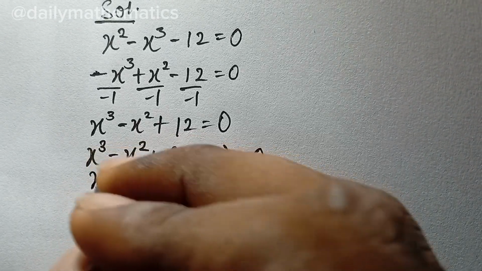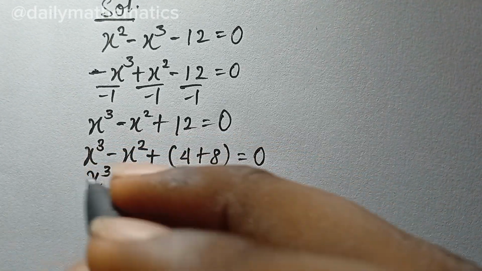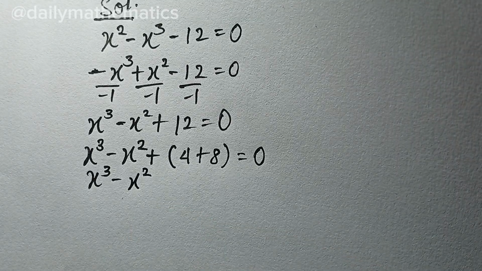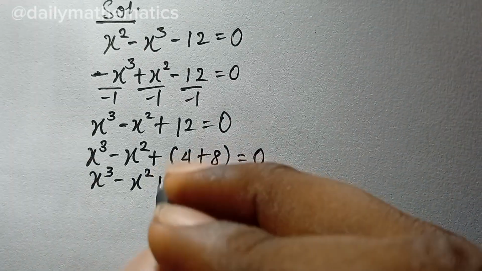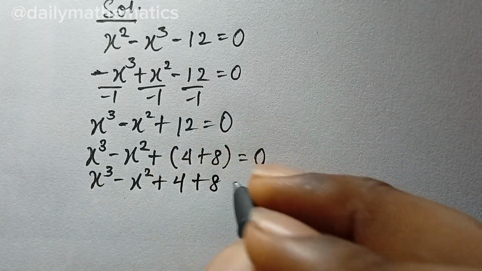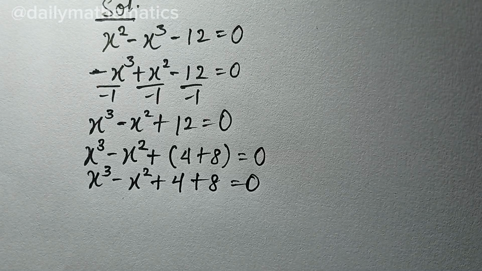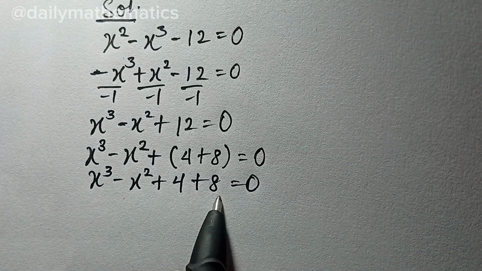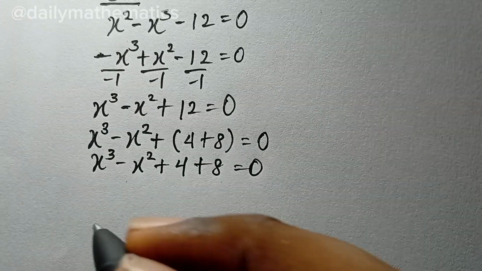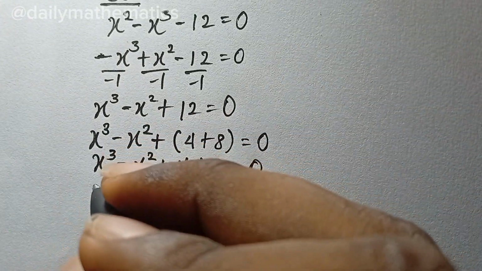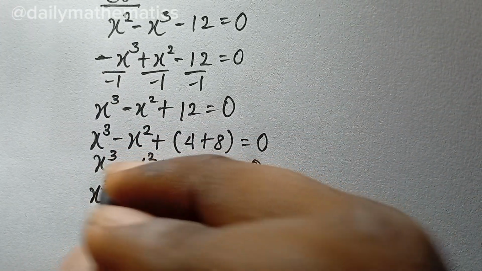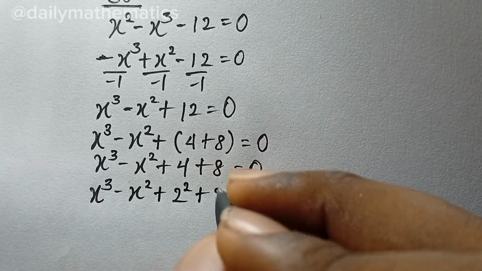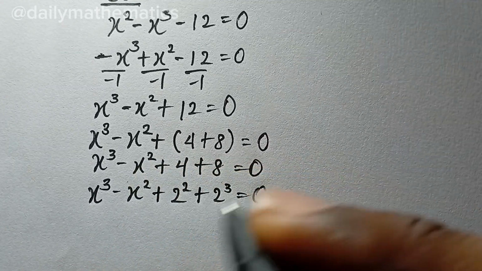We have x cubed minus x squared minus x squared plus 4 plus 8 equals 0. And so what can we see here? We can see here that 4 is 2 squared, 8 is 2 cubed. So from here we'll have it as x cubed minus x squared minus x squared plus 2 squared plus 2 cubed equals 0.